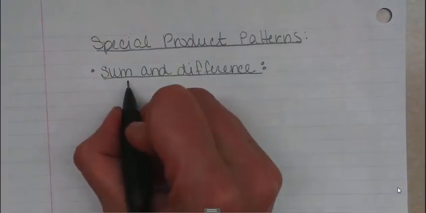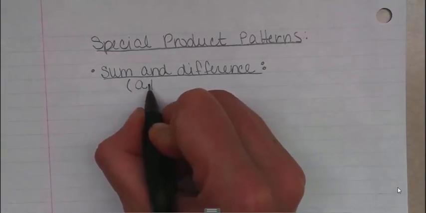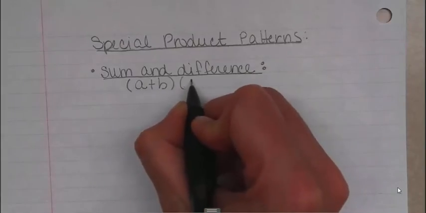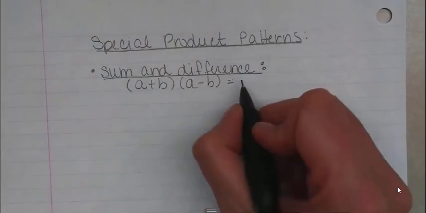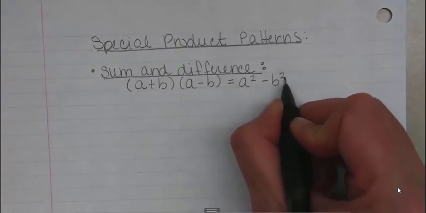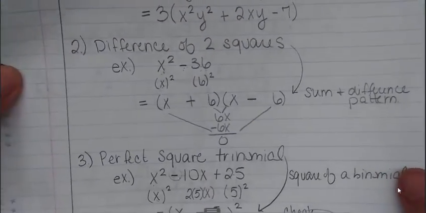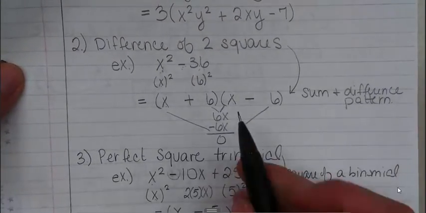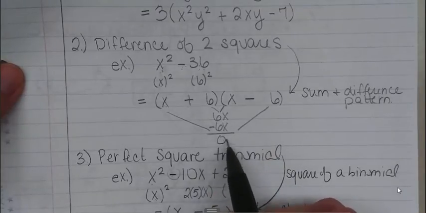So this is when you have, for example, a plus b times a minus b. When you multiply that, you're going to get a squared minus b squared. And the reason that happens, again, go back to your factoring friends, we've already proven this, the inners and the outers, when you FOIL, cancel each other out.